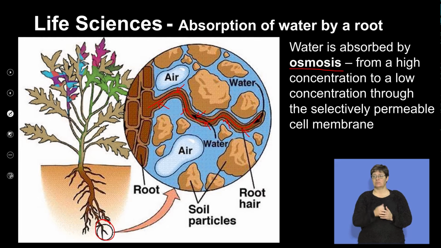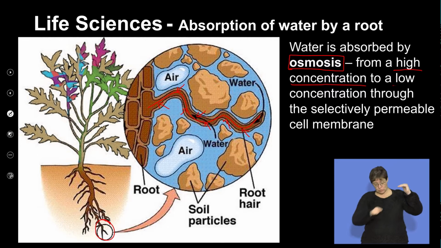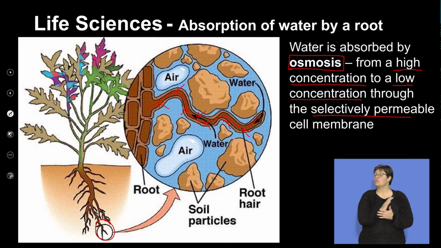By osmosis. And you should have learnt about osmosis, which is when water moves from a high concentration to a low concentration through a selectively permeable membrane. But what have we discovered about osmosis?